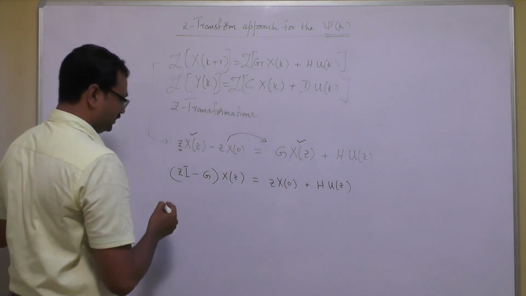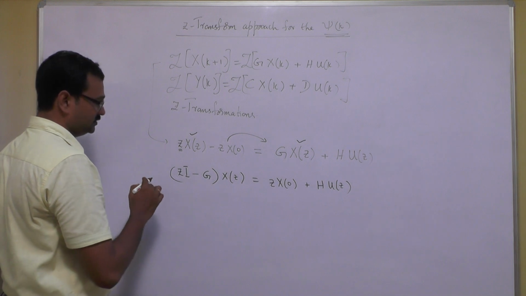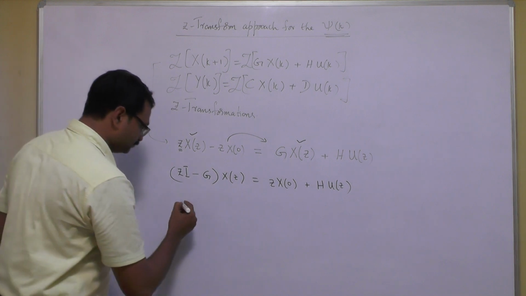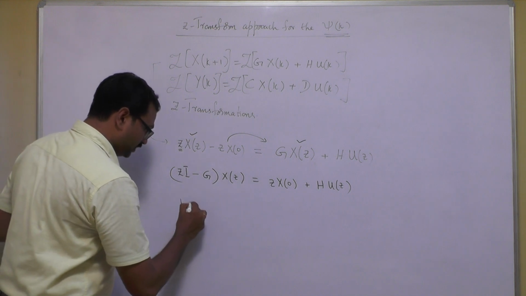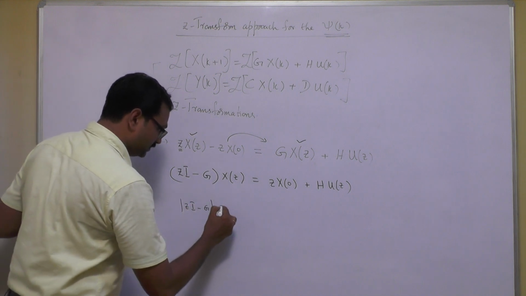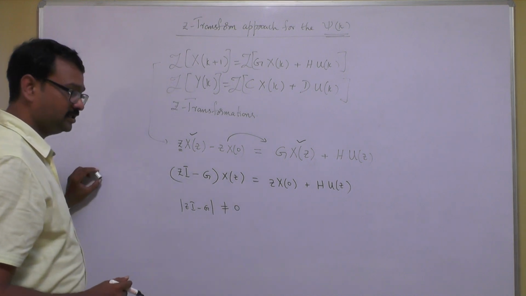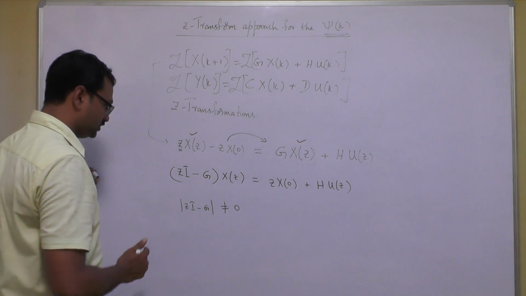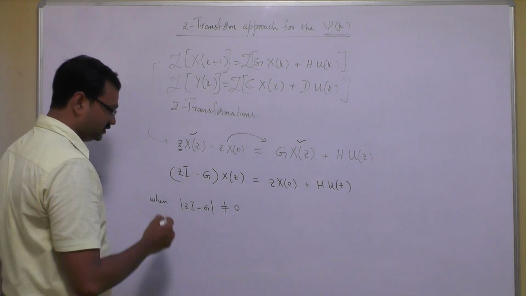Now if I pre-multiply with (zI minus G) whole inverse, the determinant of zI minus G should not be equal to 0, because you need to find the inverse.